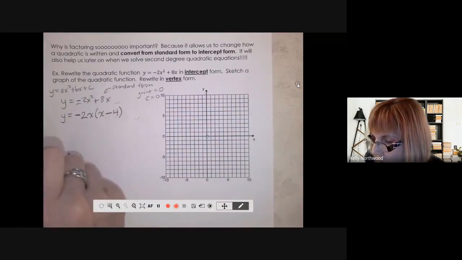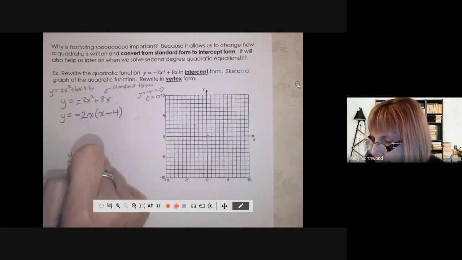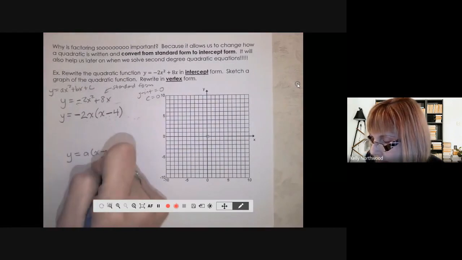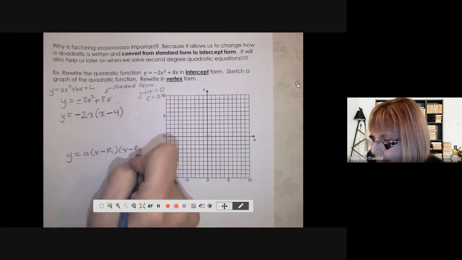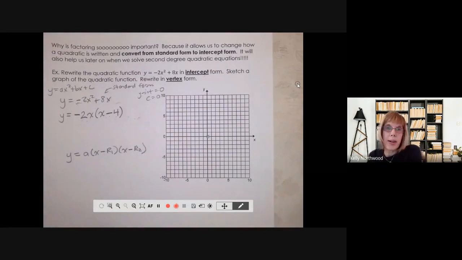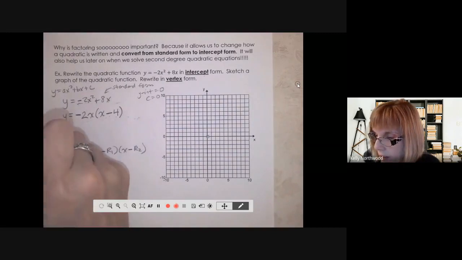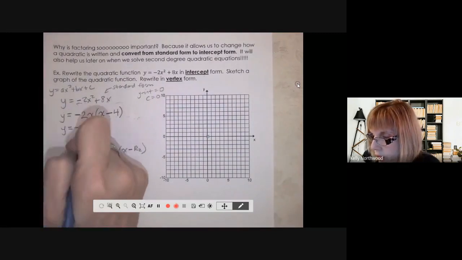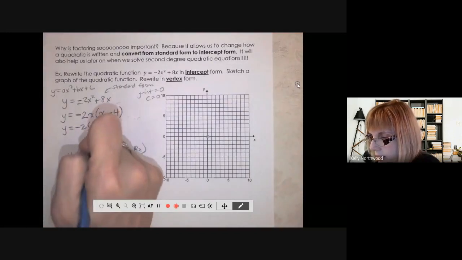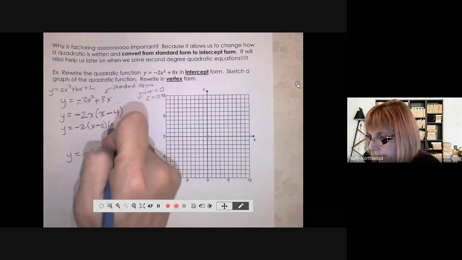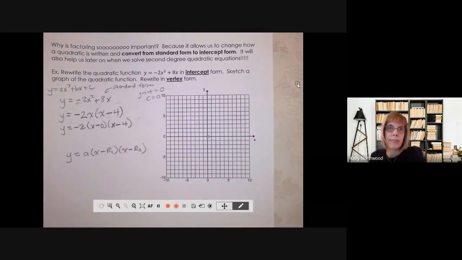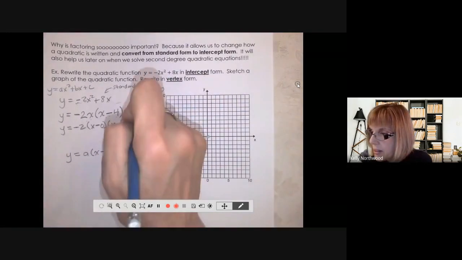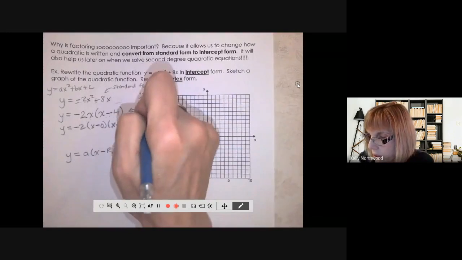Now I want to remind you that intercept form looks like this. And that was similar to one of the questions that we got on the assignment yesterday, where we got just an X, and everyone was really great at changing that plain X to an X minus 0, which was awesome. So this one here is called factored form.